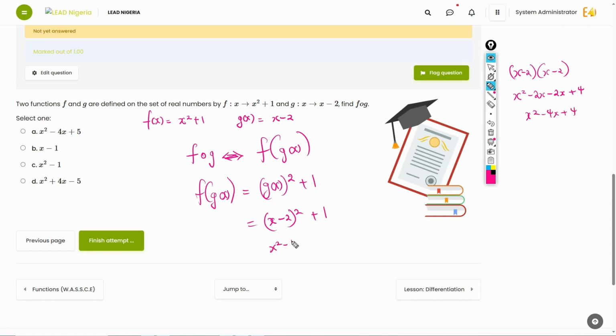Then plus 1. So I'll have x squared minus 4x plus 5.